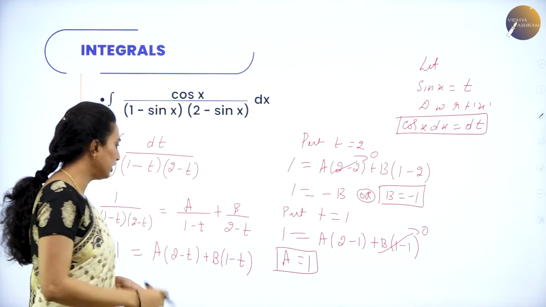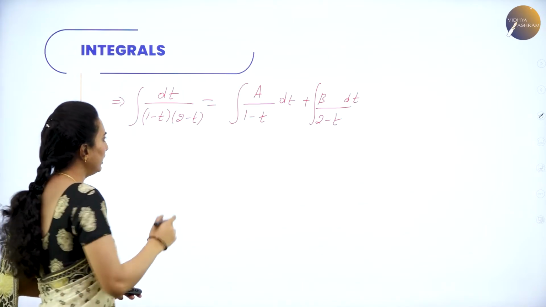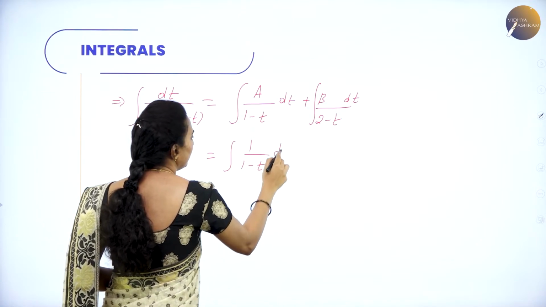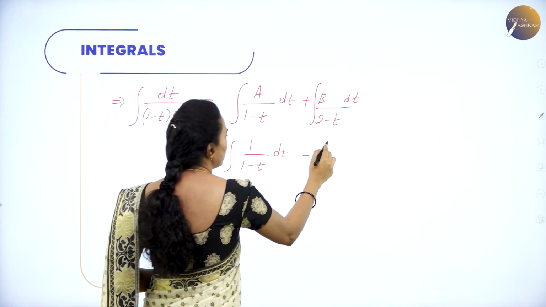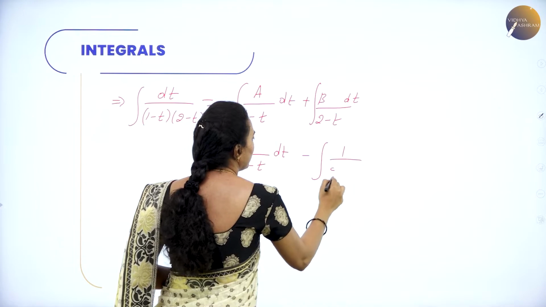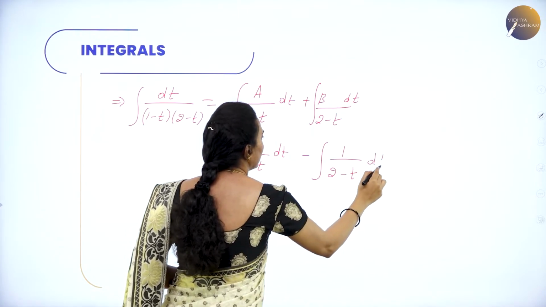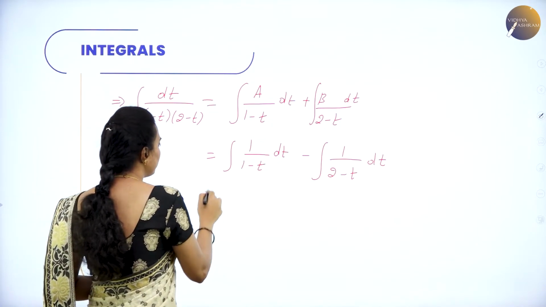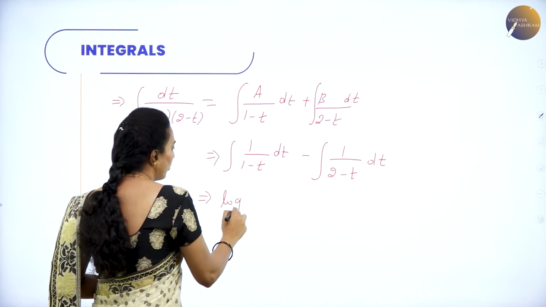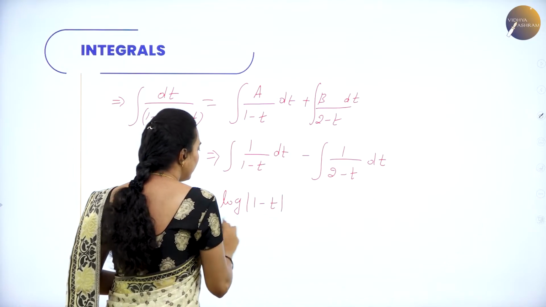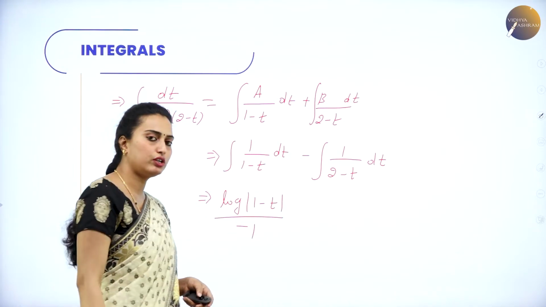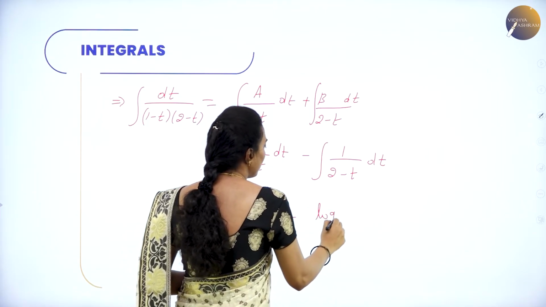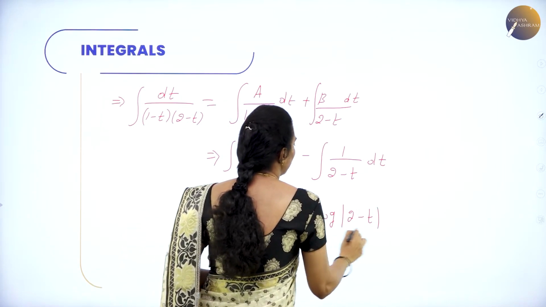Now substituting the a value and the b value, a is 1, so integral of 1 by 1 minus t into dt. The b value is negative 1, so negative of integral of 1 divided by 2 minus t into dt. Dears, you get log of modulus of 1 minus t divided by minus 1, because of the coefficient of t here, and then minus log of modulus of 2 minus t divided by minus 1.